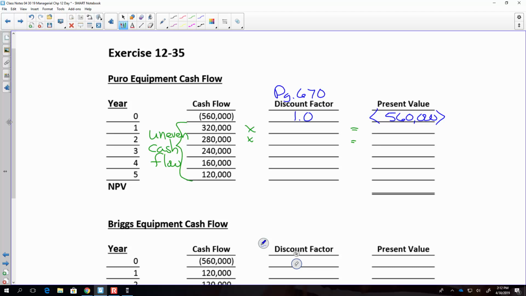And for problem 35, the company rate is, what does it say?